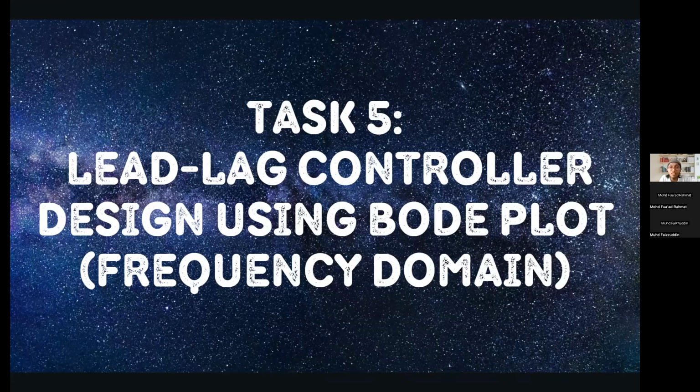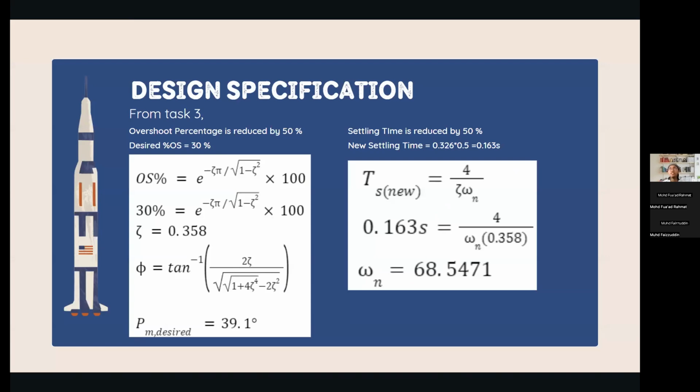Next, I'm going to present task 5, which is to design a lead lag controller to improve our system. We have the same problem as task 3, which is to reduce our overshoot and settling time to half. So the desired overshoot percentage is 30%, and the settling time that we want to achieve is 0.163 seconds.